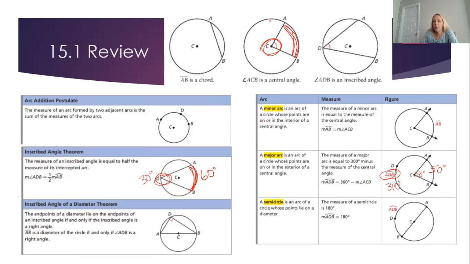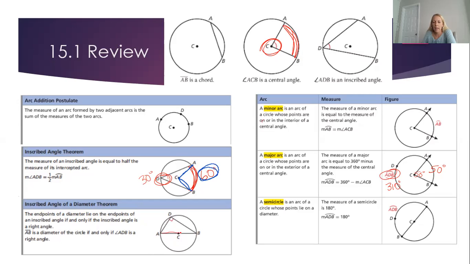Now, just to throw a little information at you here, what if I drew in our central angle right here? What's the measure of our central angle? What's the same as the arc? So that's 60 degrees. And then lastly, we get to see this combination of a semicircle.